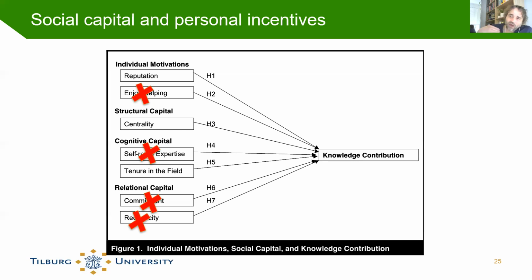But there have been a lot of different papers ever since, which basically confirm that you need all three of them in order to have the best chance of people actually being willing to share knowledge in an organization. So they did not find that every aspect mattered in their study, but the thousands of studies afterwards confirmed all three or different aspects of social capital.